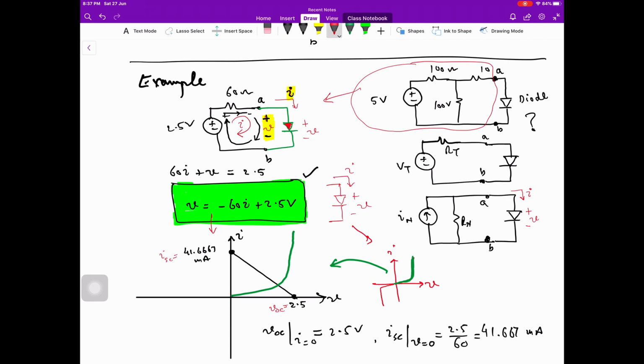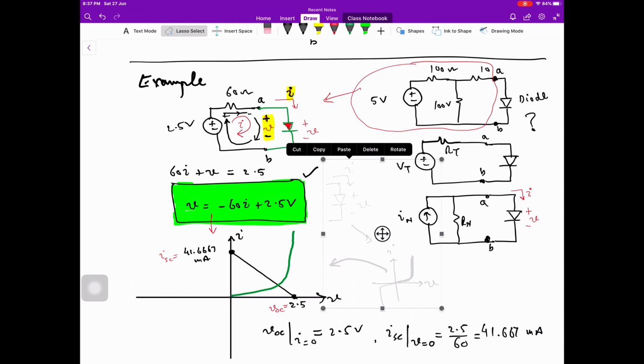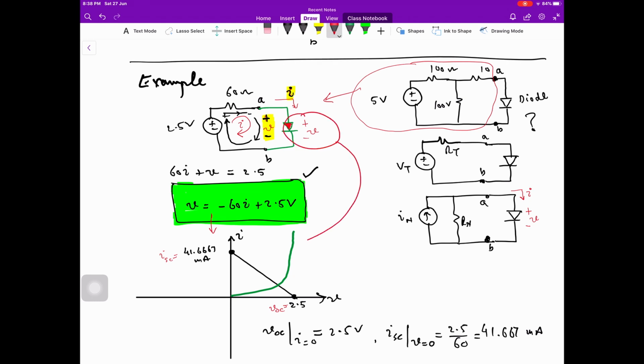So when the load is nonlinear, I will delete all these things over here. This diode is represented by this, note that a diode is a non-linear element.